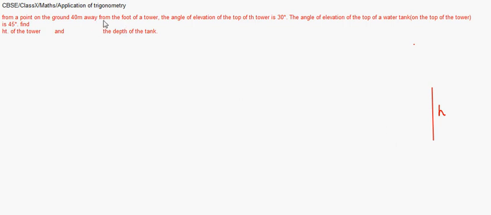Then from a point which is 40 meter from the foot of the tower, I'll draw. This is 40 meter. The angle of elevation of the top of the tower is 30. This is suppose our A, this is B, this is C. AB is the tower that is supposed to be calculated.